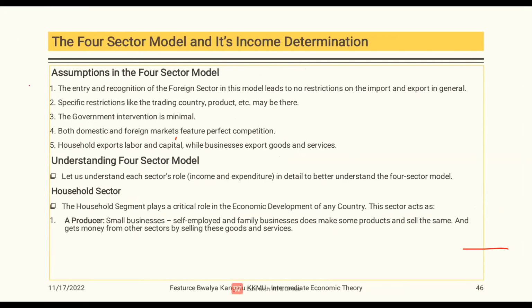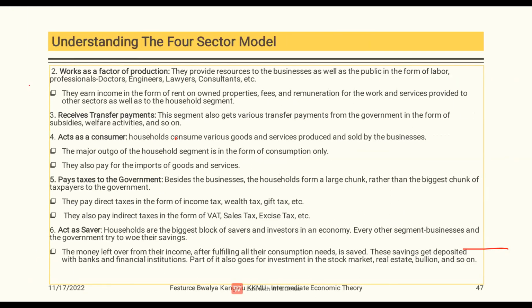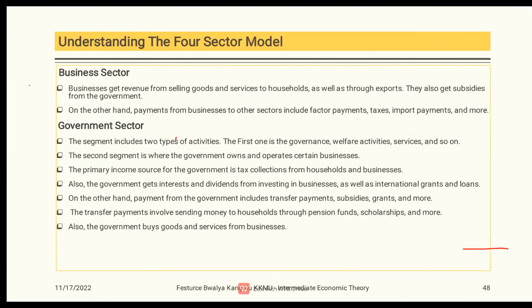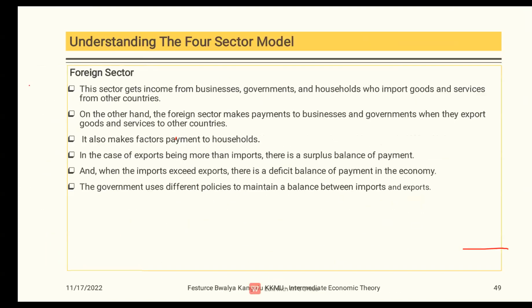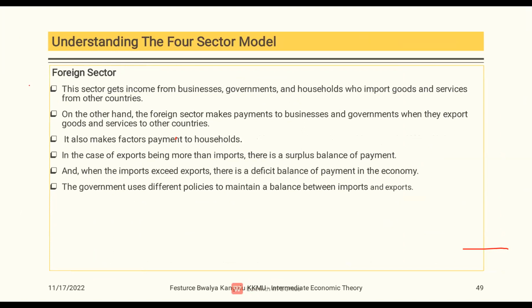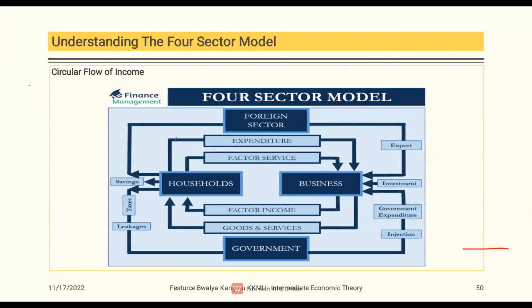So when you open the economy, you include the exports and the imports. When you start exporting and importing, it means you include the external sector or the foreign sector. So at that point, you see that the circular flow of income changes. It has 4 sectors, like how I was already explaining yesterday, right?